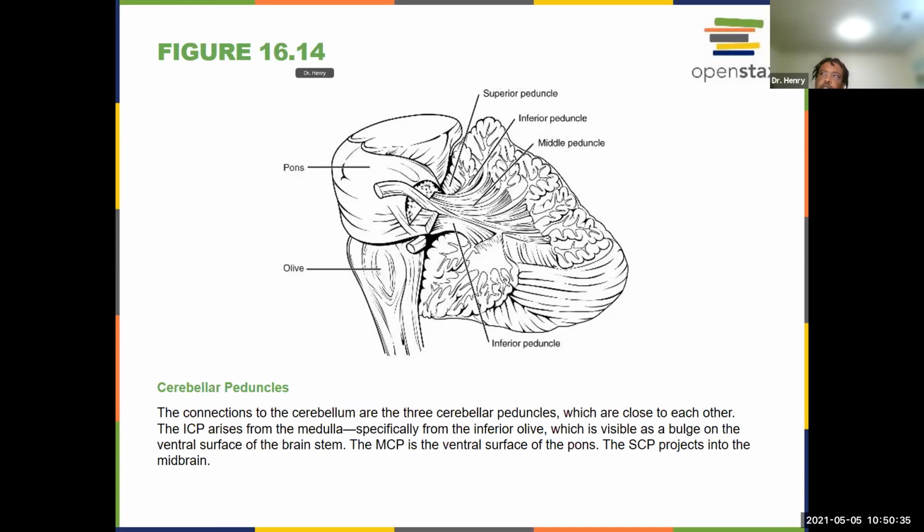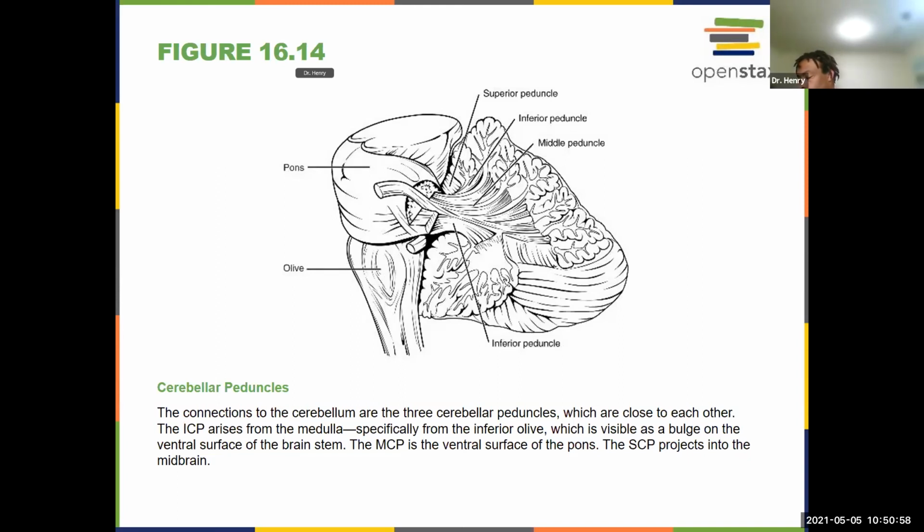You have your superior, your inferior, and your medial or middle peduncle. They're all going to be kind of close together, and they all have various functions associated with them.